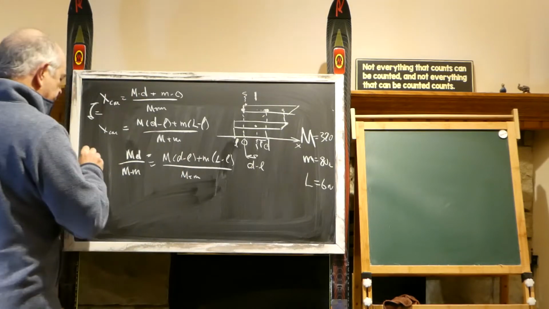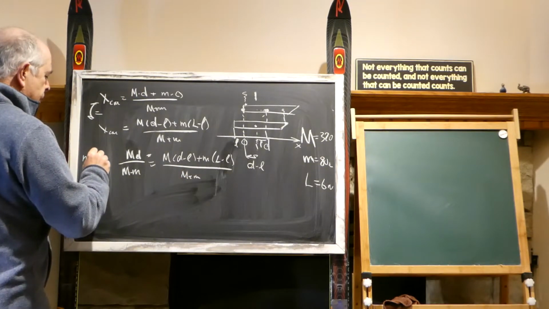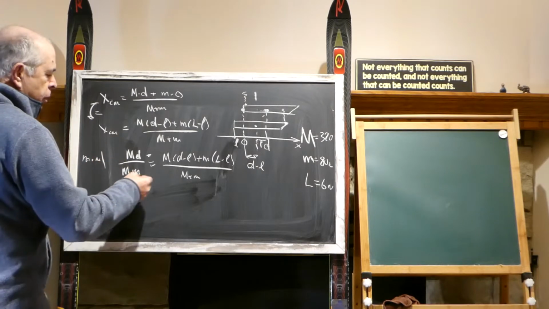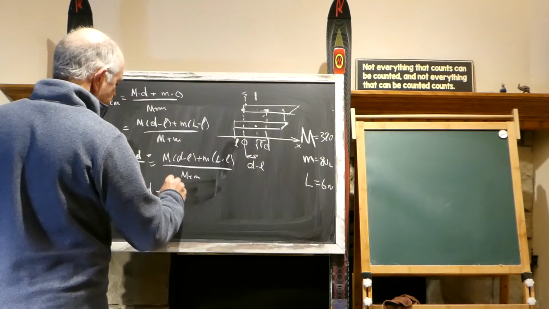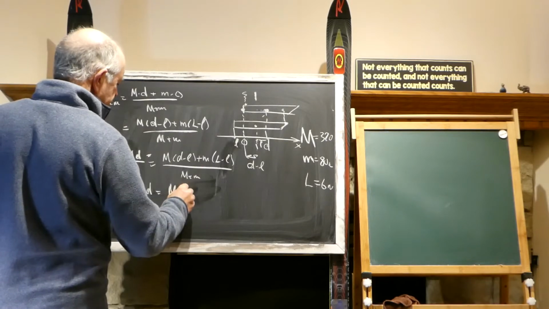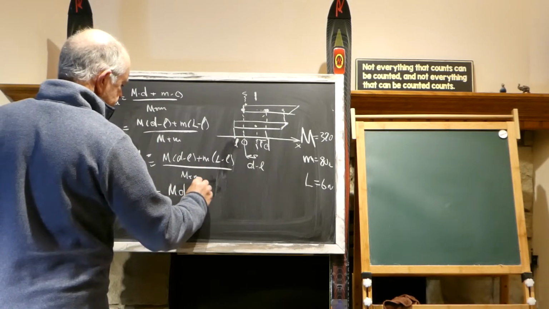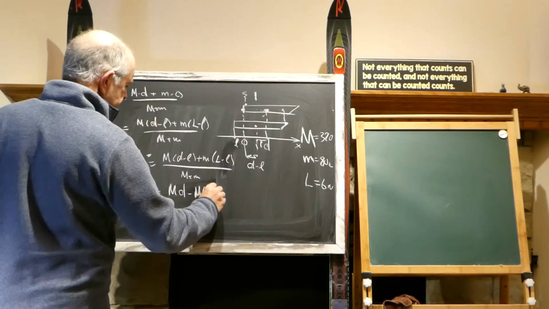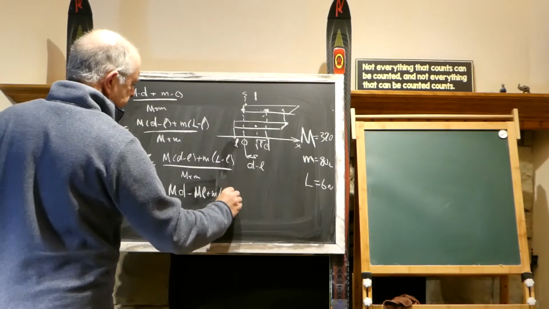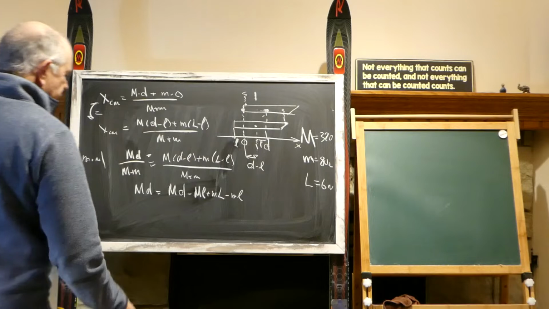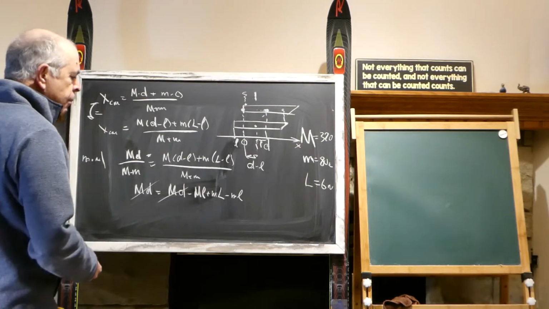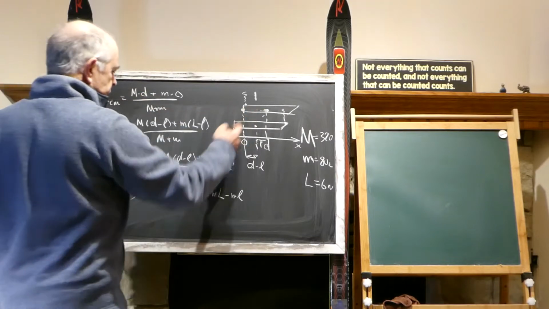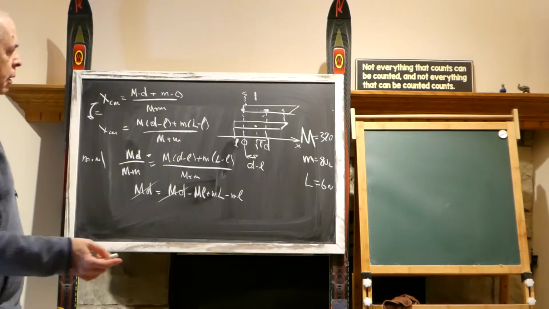I multiply everything by M plus m, by this bracket, so it will cancel out, and I will have Md equal M, and I will open brackets, Md minus Ml plus ml minus m lowercase l. And what I immediately can say is that those two are the same, so this d is cancelled out.